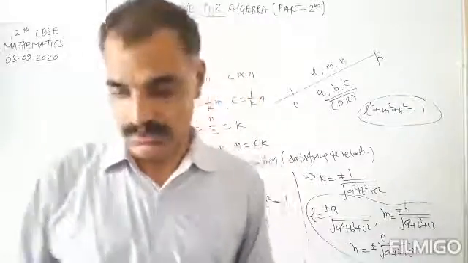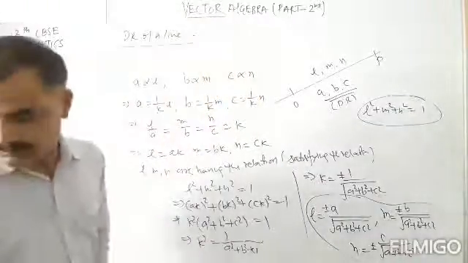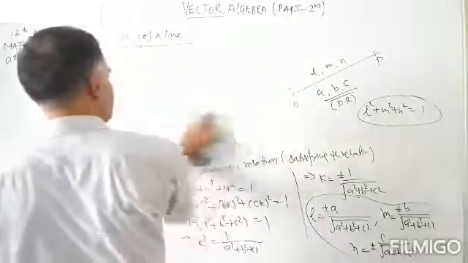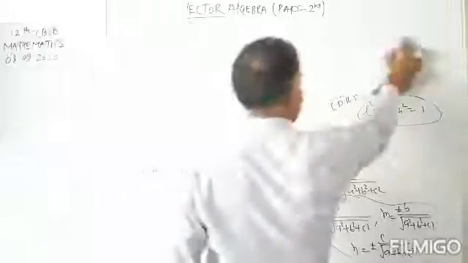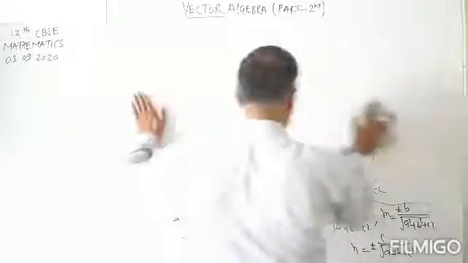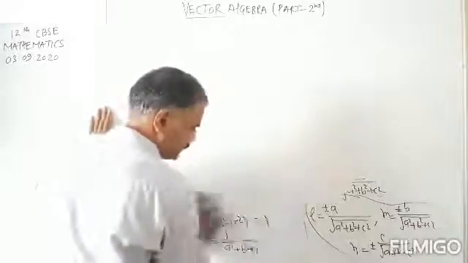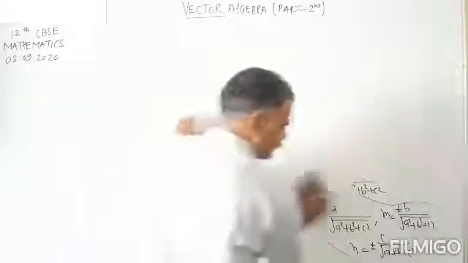Okay, now let us take the direction cosine of the axis, x axis, y axis and z axis.